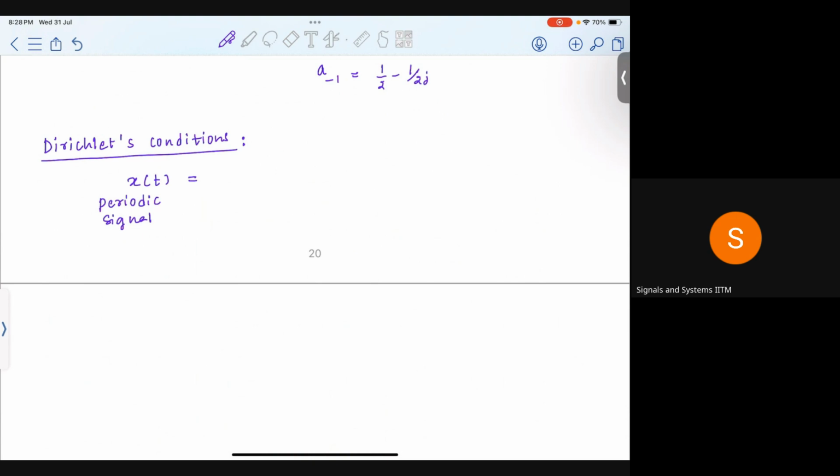So any periodic signal x of t with some period T. When we have period T, we have the fundamental angular frequency as 2 pi by T, right? So for any periodic signal, we have the Fourier series representation. In other words, we can write this signal as a k e power jk omega naught t. So this is the Fourier series representation, right?